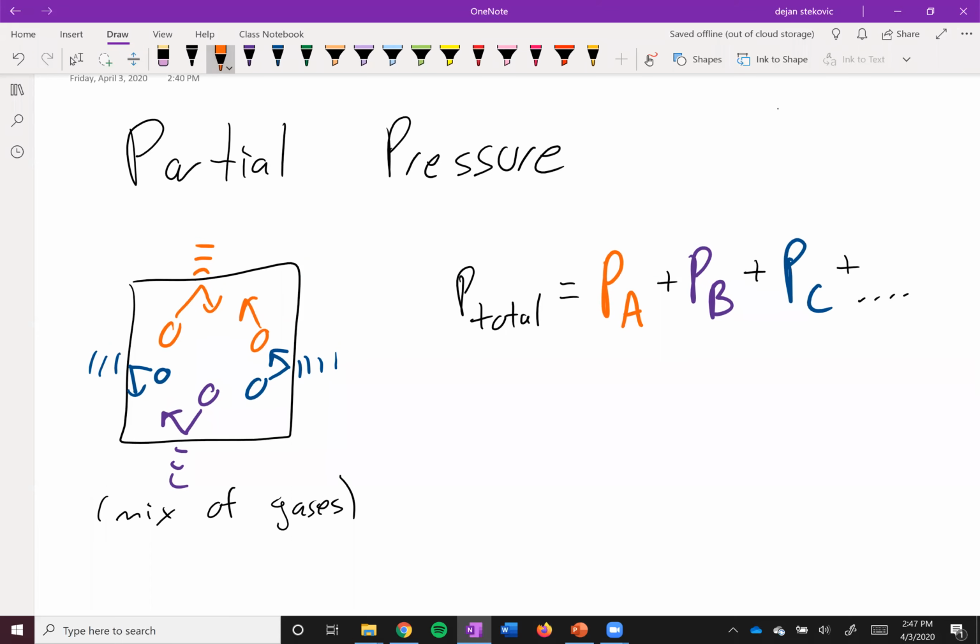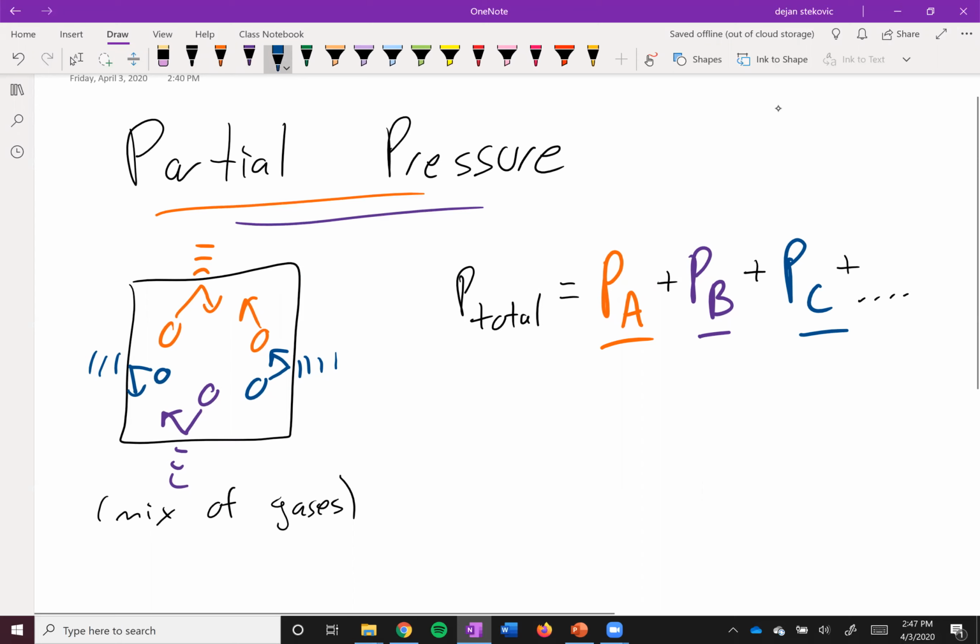And these individual pressures are called the partial pressures, or the partial pressure of the gas. So if one is pushing at 1 atmosphere and another one is pushing at 2 atmospheres, one has a partial pressure of 1, the other of 2, and the total pressure is 3.